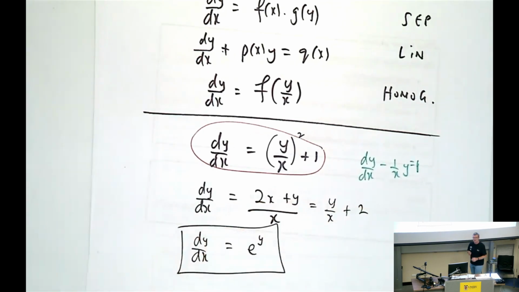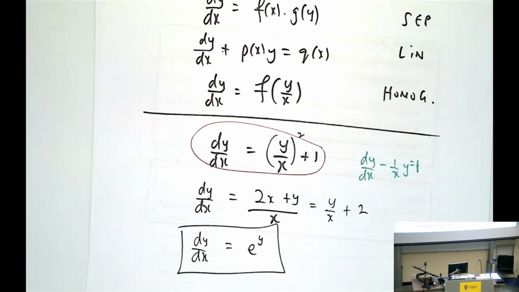That's separable but not homogeneous. Would you agree? Yeah. So sometimes they overlap and sometimes they don't. But it's good to look for the patterns and all the different subsets and all that sort of stuff.